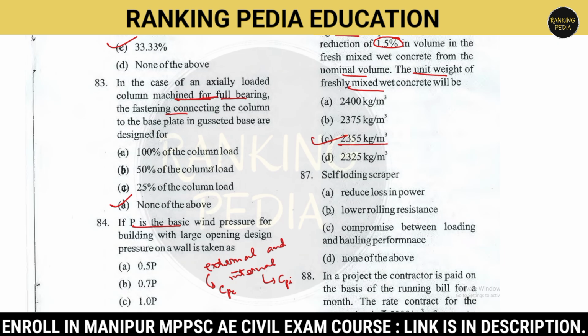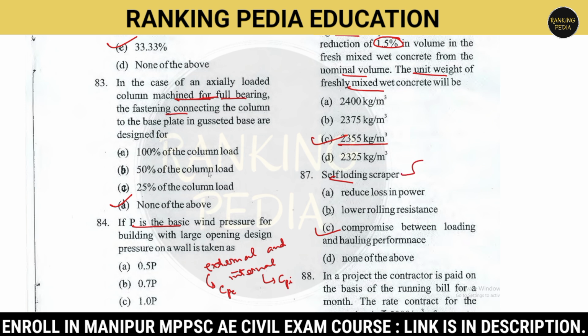Next question: a self-loading scraper is designed to reduce loss in power, lower rolling resistance, compromise between loading and hauling performance, or none of the above. Self-loading scraper compromises between loading and hauling performance. Option C is correct.